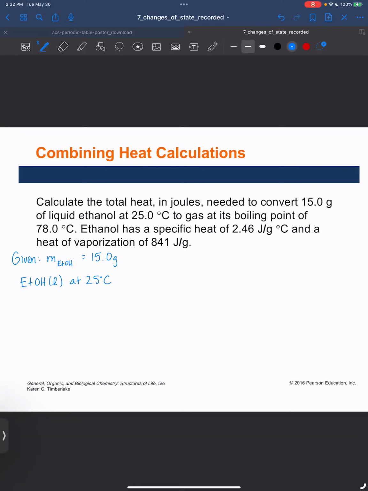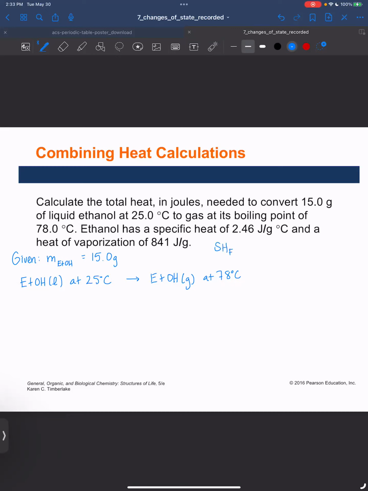And what we're doing is we're heating it up to a gas. So eventually we're going to convert it into a gas at its boiling point of 78 degrees Celsius. So we're changing the temperature and we're also going from a liquid to a gas. And then we are given ethanol's specific heat.